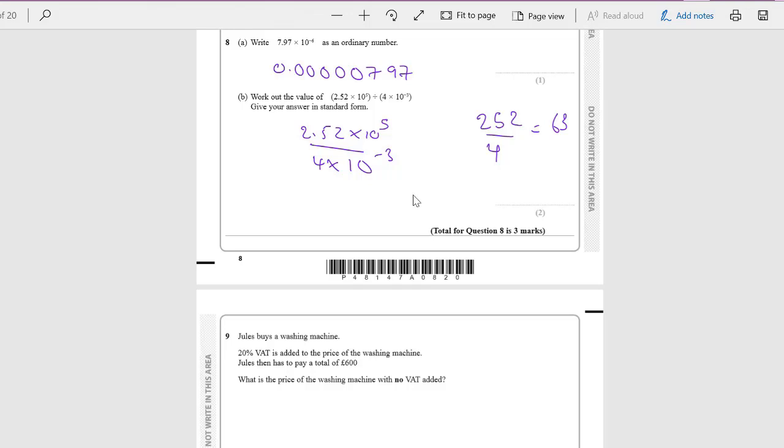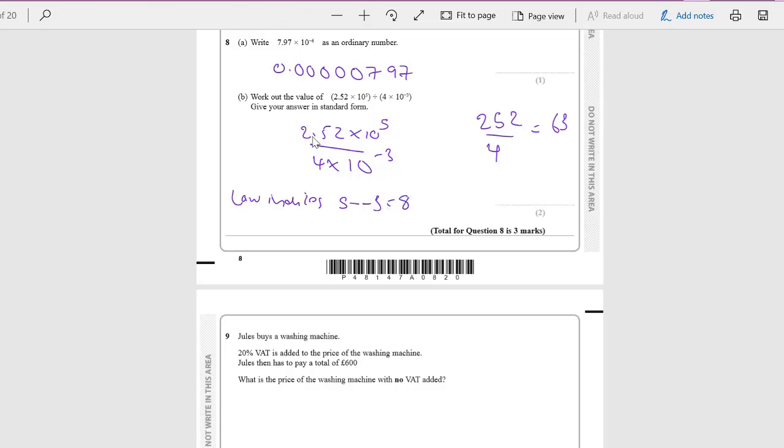And here we can see that from the laws of indices, we'll have 5 take away minus 3, which gives us 8.